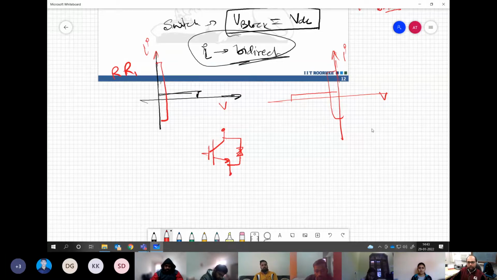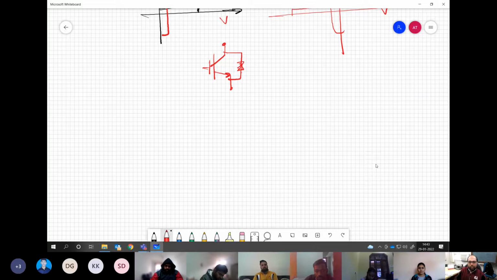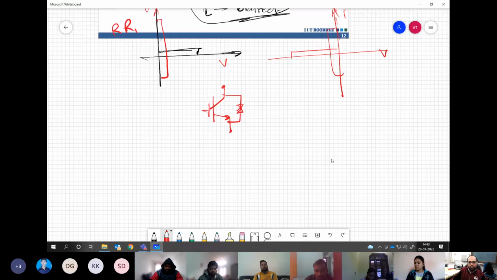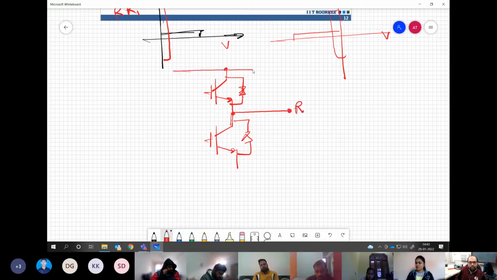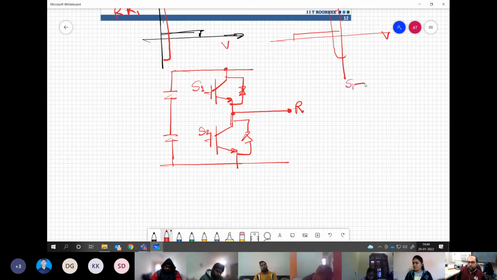So we may have a switch connection which is similar to, say, one switch over there, and the second switch can come with this polarity at this point, and this could be our connection R. So say S1 and S2. When S1 is on, R will be connected to R1, which means our output VRO will be plus VDC by 2, because this point we are taking O.